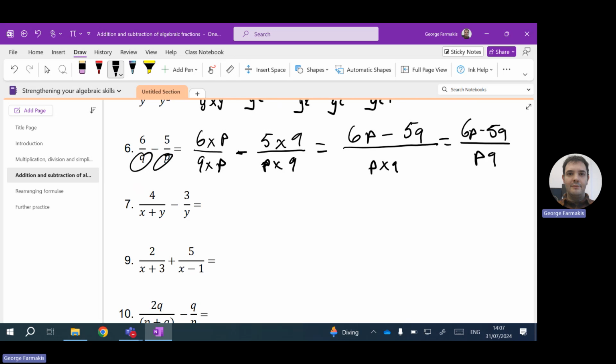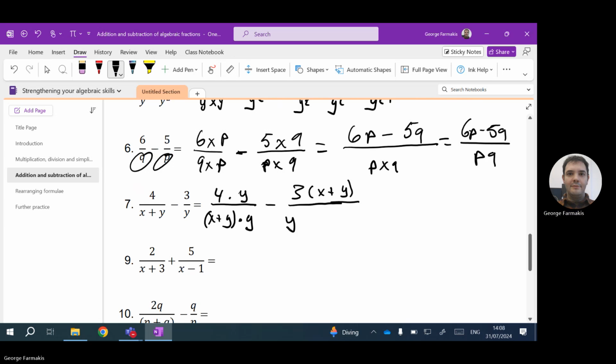Let's do 7. Again, we have different denominators, so let's write the first fraction, 4 over x plus y. We multiply with the denominator of the second fraction, 3 over x plus y, times x plus y.